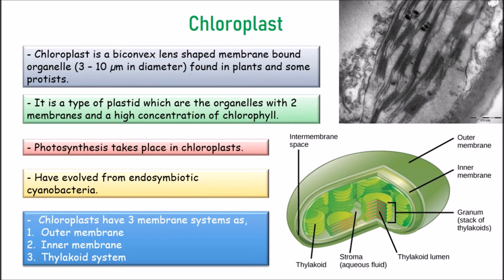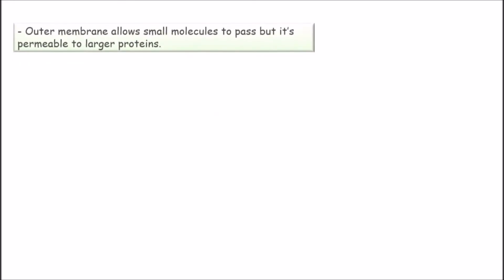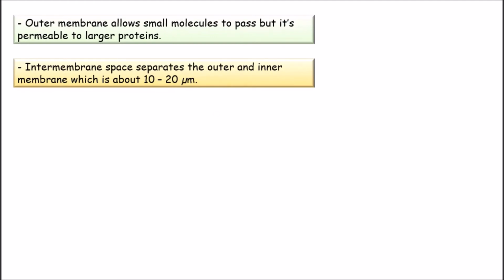All chloroplasts have at least three membrane systems: outer membrane, inner membrane and thylakoid system. Small molecules and ions can easily diffuse across the outer membrane, but it is impermeable to larger proteins.